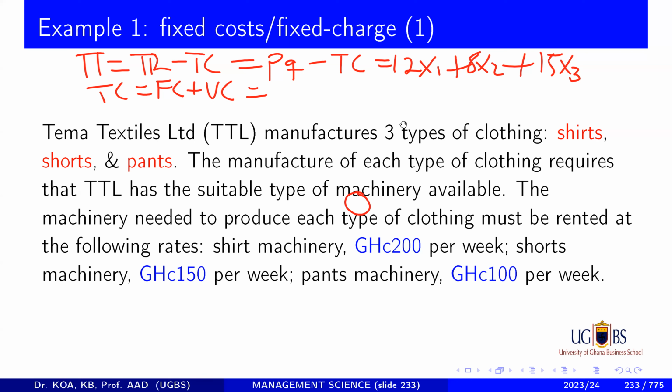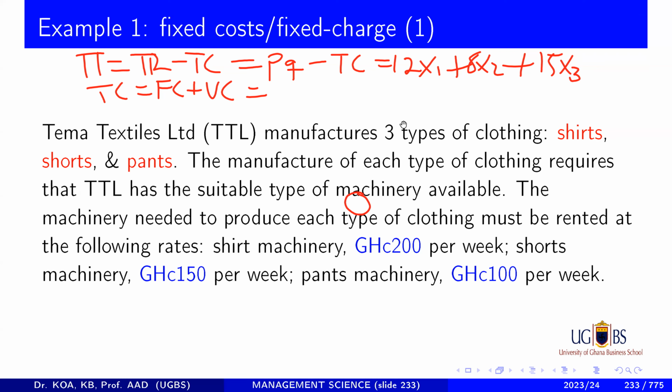Correct. Provided we produce the decision variables, but also provided what? Chidi. Provided the y's are 1. Not the x's, the decision variables. Provided the y's are 1.